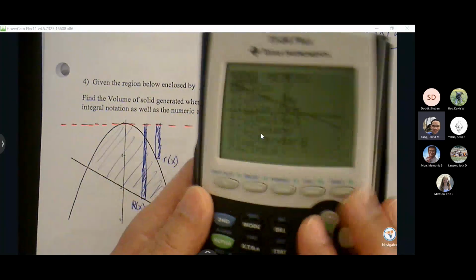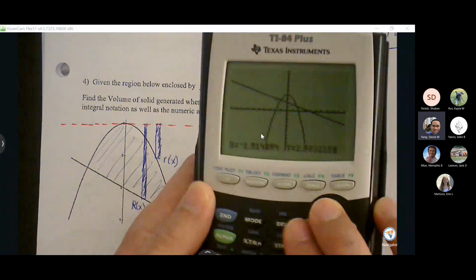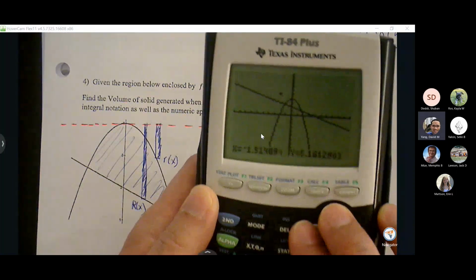I'll do zoom box too. I don't think I need to. Just want to get a bigger picture to work with.